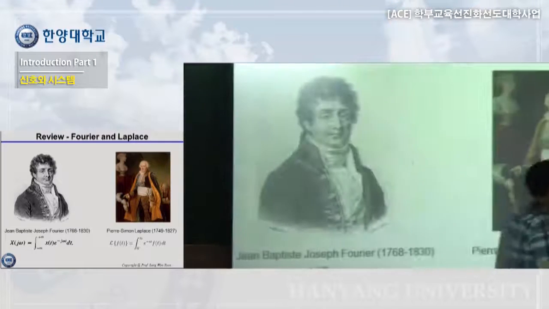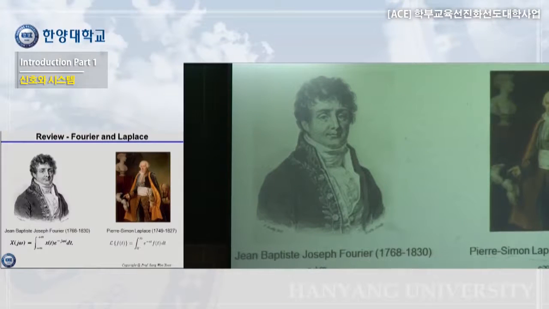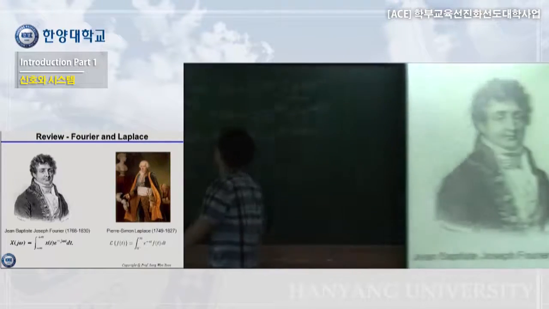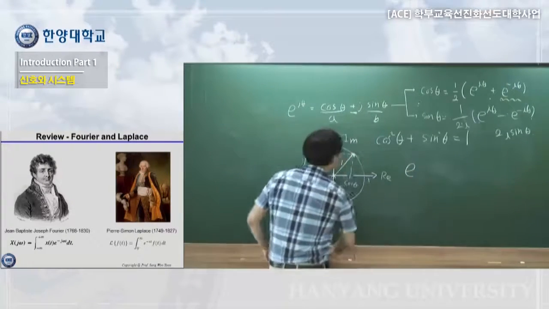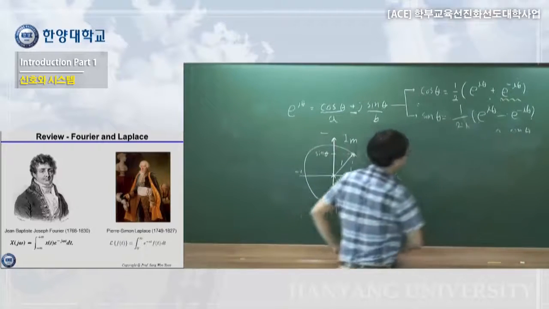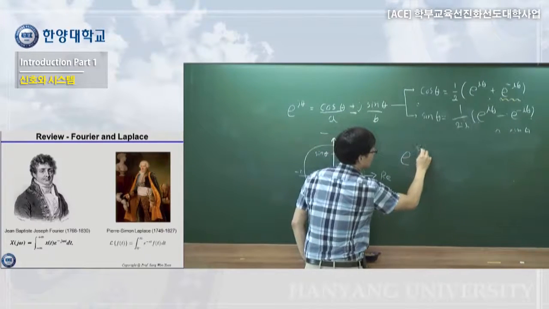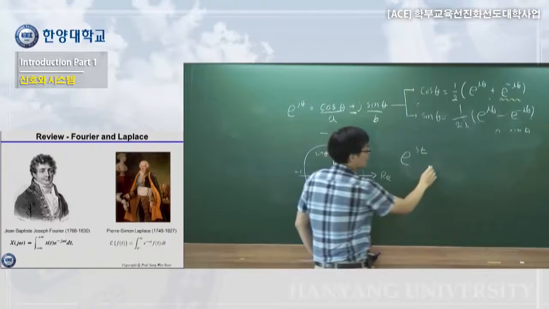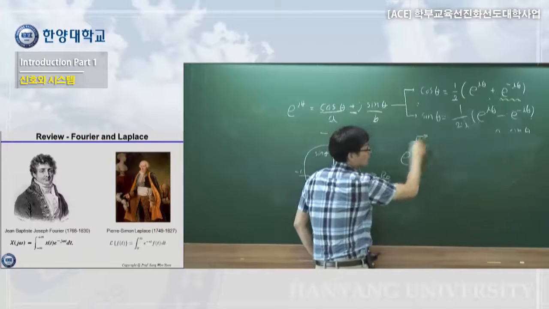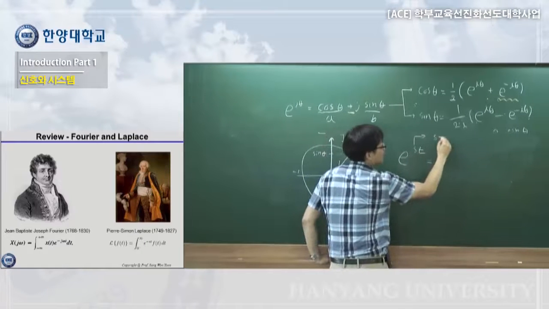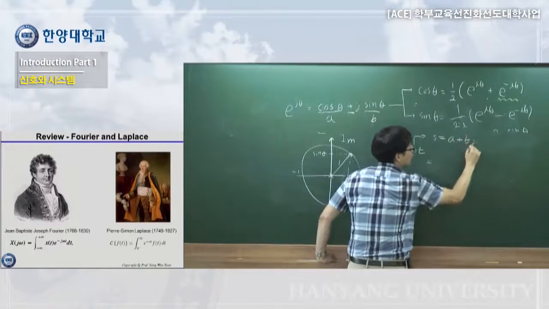Also, if you go to the Laplace transform, you will see e^(-st), right? So this one is also the same. Don't forget this s is a complex number. Let me clean this, it's too complex. e^(st) or e^(-st). You know that this s is a complex number, right? So this s can be a plus bj, looks like that.